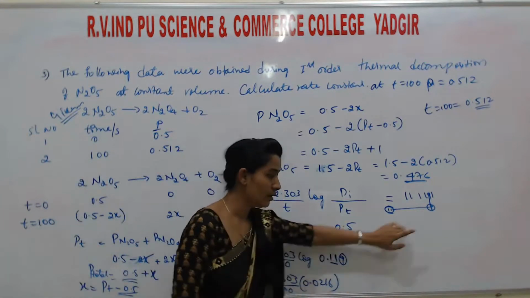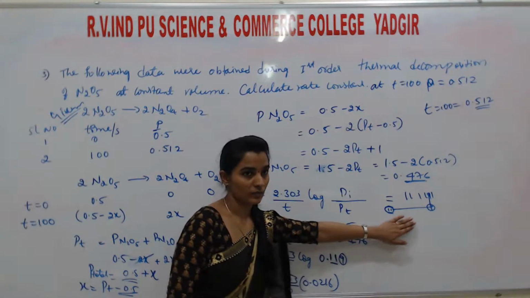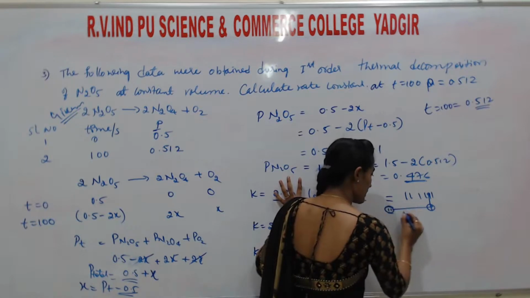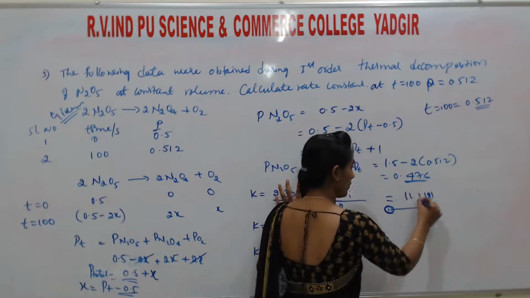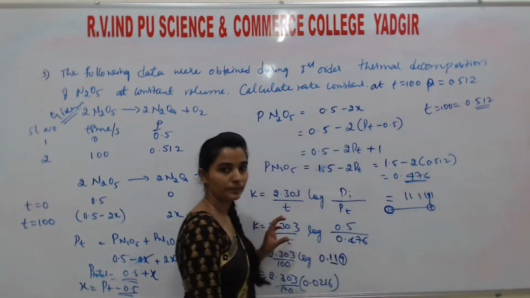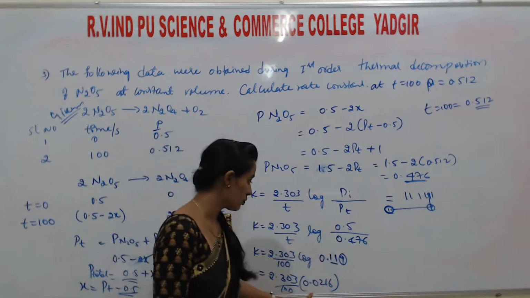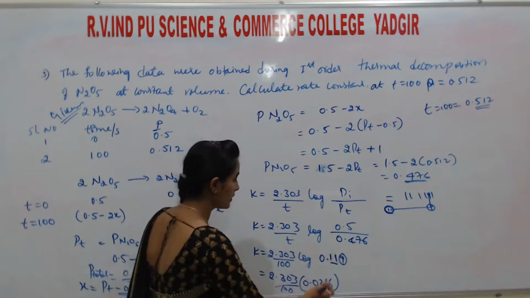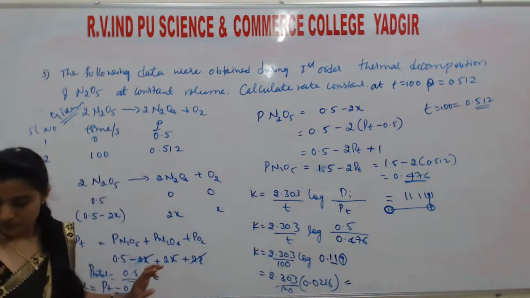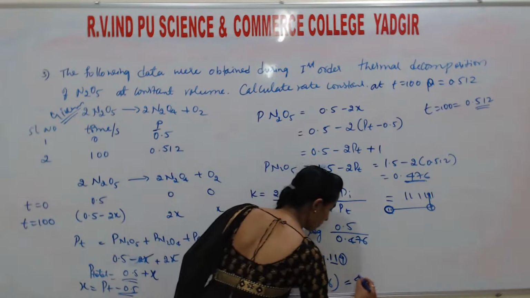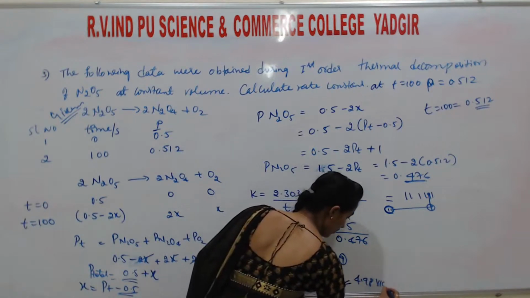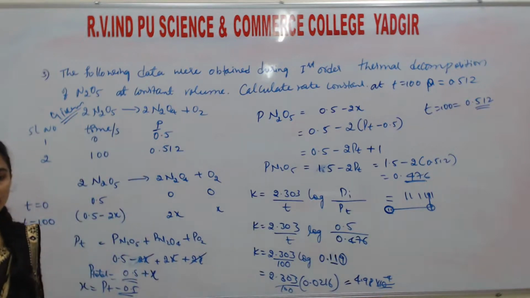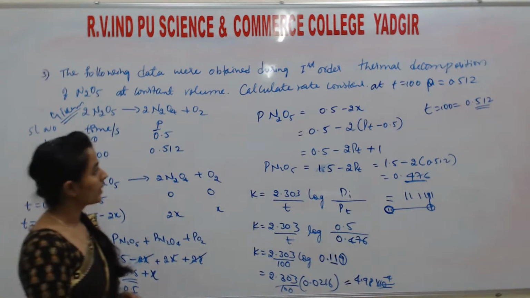This value is from the log table. The log table has the horizontal, that is the 11th row, and the vertical, that is the 9th column. If you check, you will get 0.0216. Understand? So if you multiply this, you will get the answer 4.98 into 10 to the power of minus 4.